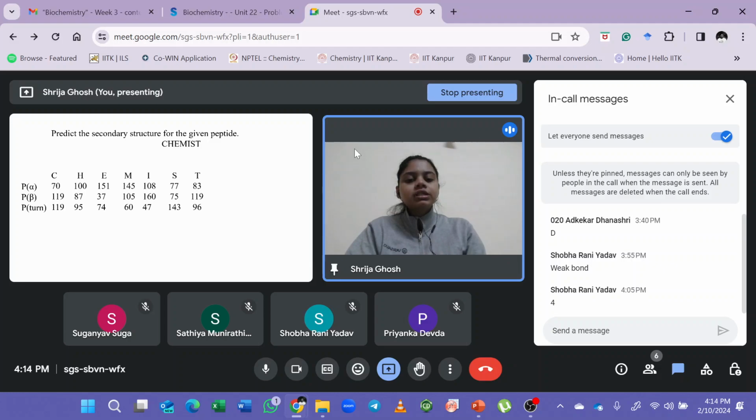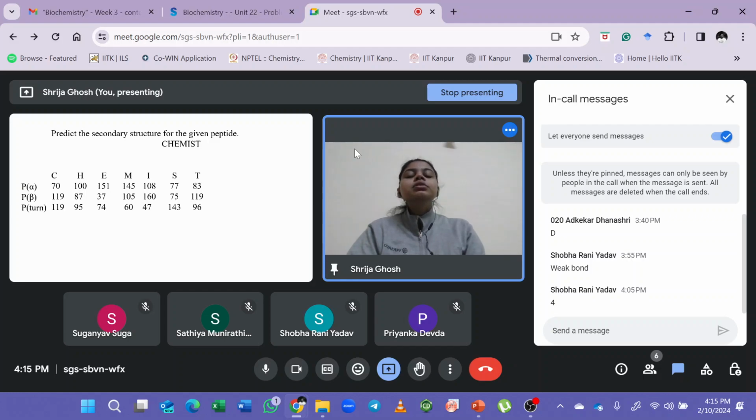Is this clear? This is how, if you have a peptide sequence given and the Chow-Fasman parameters given to you, you will have to see for each amino acid what the PA or PB values are, and whether those values are more than 100 or less than 100. If 4 out of 6 contiguous amino acids have a PA value of more than 100, the peptide might form an alpha helix.